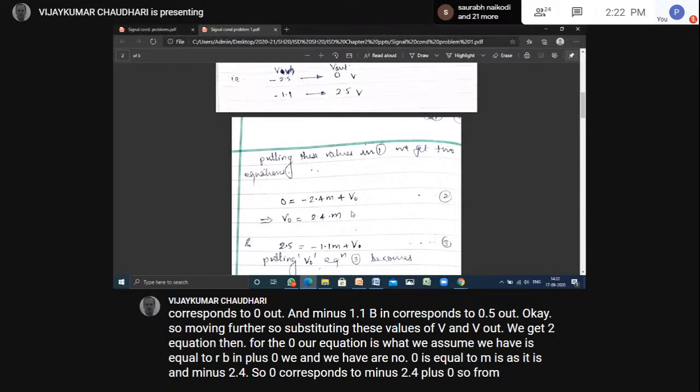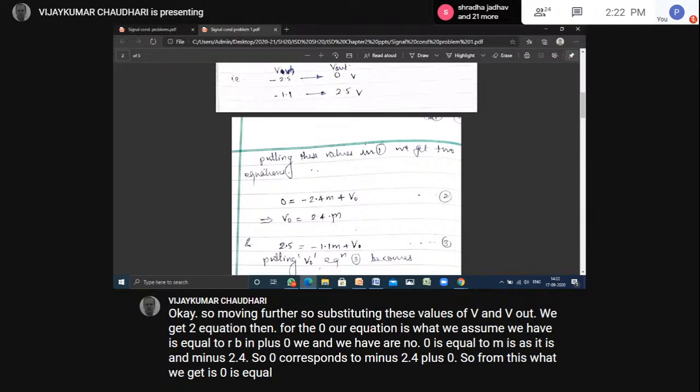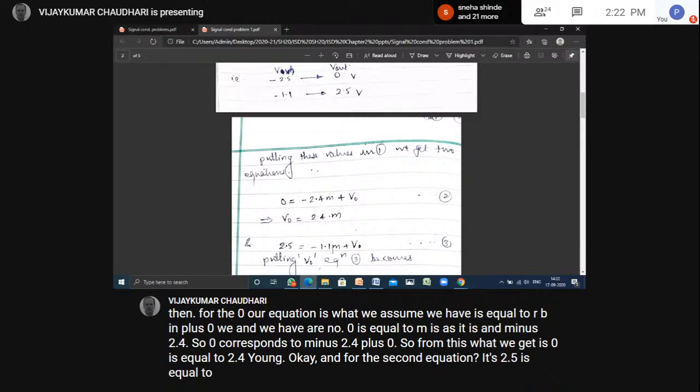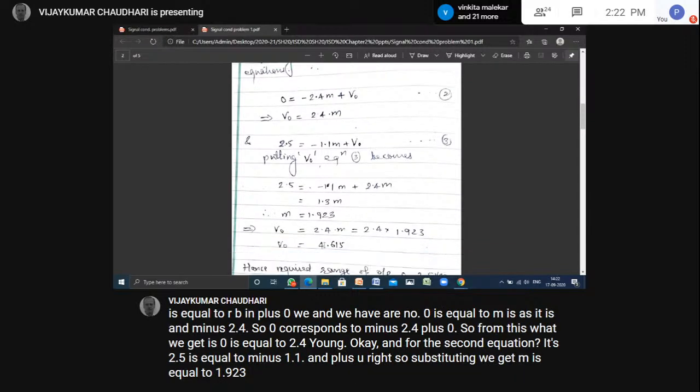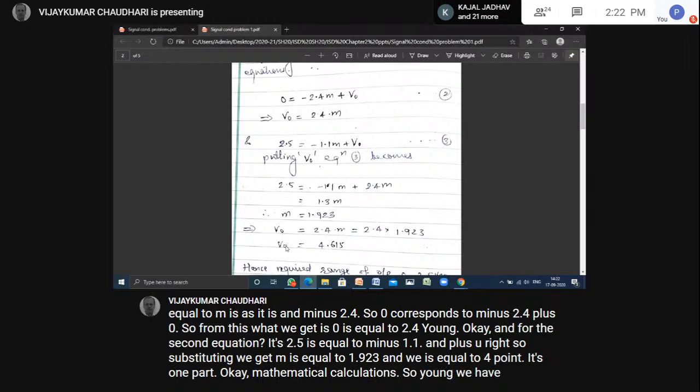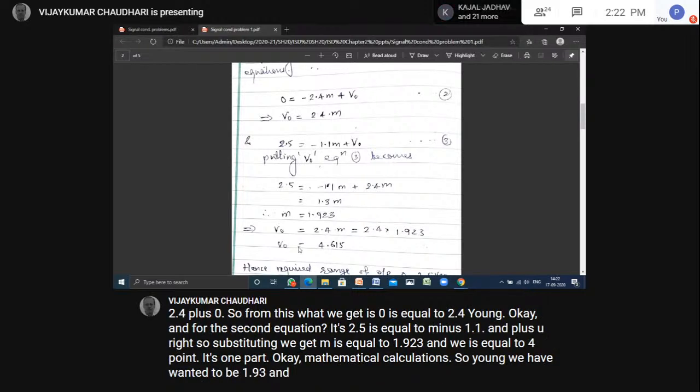From this, we get V0 is equal to 2.4 m. And for the second equation, 2.5 is equal to minus 1.1 m plus V0, right? So substituting, we get m is equal to 1.923 and V0 is equal to 4.615. Okay, these are just the mathematical calculations.